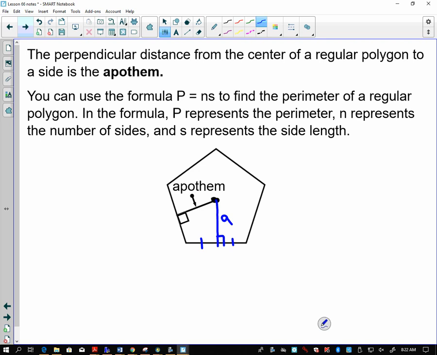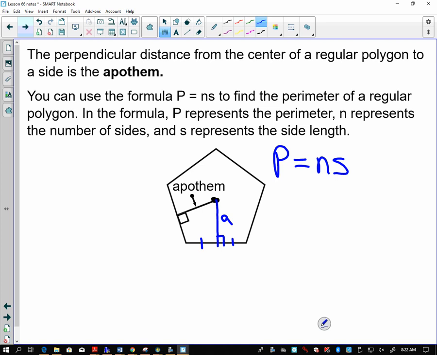And you can use the formula perimeter equals number of sides times side length to find the perimeter of a regular polygon. In that formula, P represents the perimeter, N represents the number of sides, and S represents the side length. We're going to come back to the apothem in a second, but this formula is pretty self-explanatory, because if it's a regular polygon, what do we know about the sides?